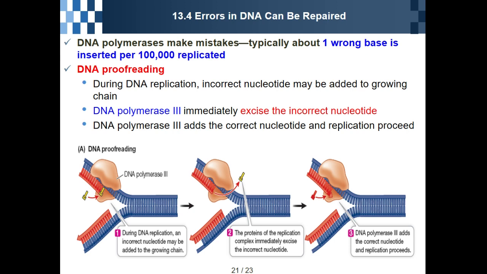Because of this, DNA polymerase makes mistakes. During DNA replication, DNA polymerase 3 or DNA polymerase 1 replicates the DNA, but they make mistakes. That's why people have mutations in the DNA.